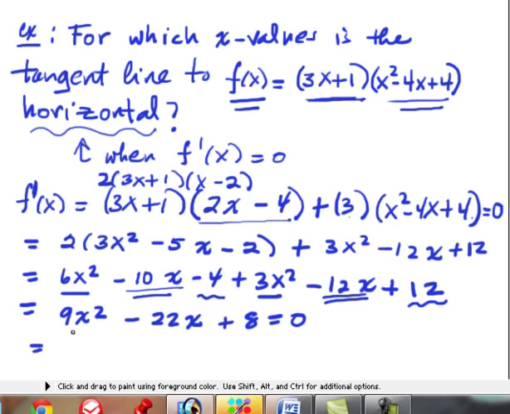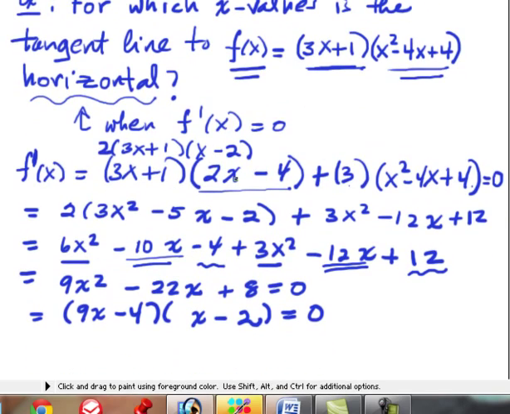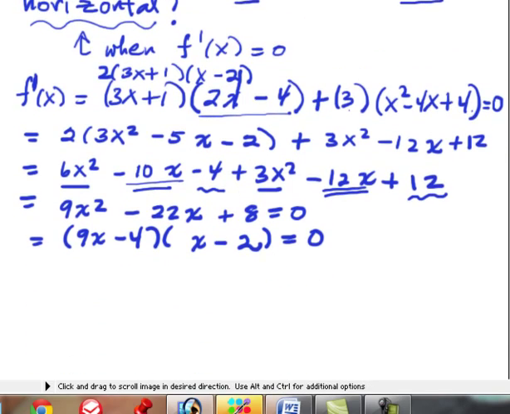All right, let's try to factor this, and this does factor. We have 9x minus 4 and x minus 2. And you just check that middle term and you'll see you do get the minus 22x in the middle. That's minus 18x minus 4x. That's the minus 22x in the middle. Okay, so solving this, we get two answers.